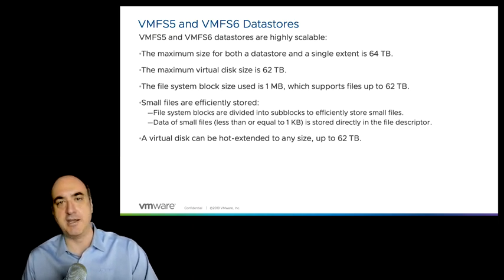So imagine if you had a VMX file, which is really just a couple of kilobytes, sitting as the only file in a 1 megabyte block, and then another tiny VMX file sitting in another 1 megabyte block, that would be very wasteful on disk space. So a 1 megabyte block can fit literally thousands and thousands of little files, all broken into what are called subblocks.